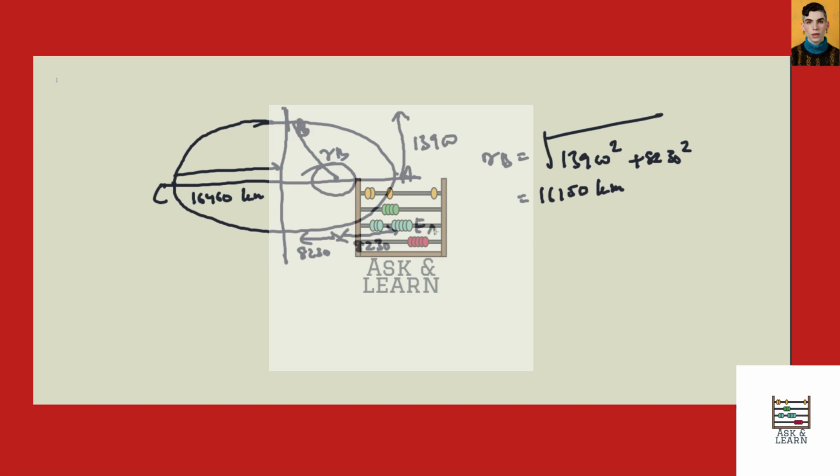Now applying conservation of energy, EA is equal to EB. No external forces acting on the system. The kinetic energy is half m VA squared, and the potential energy of the satellite in the orbit at A is minus G M_E m by R. That should be equal to the kinetic energy at the point B, half m VB squared, plus minus G M_E m, where m is the mass of the satellite, divided by RB.